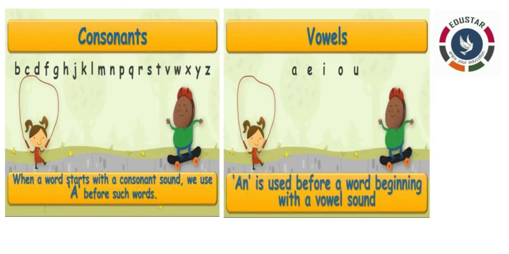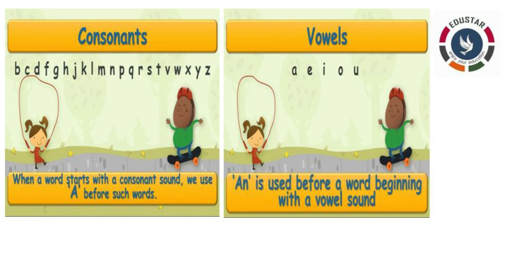There are 26 alphabets in the English language and each alphabet has its own phonic sound. From these 26 alphabets, A, E, I, O, U give a vowel sound. So we call them vowels. So an is used before a word beginning with a vowel sound.